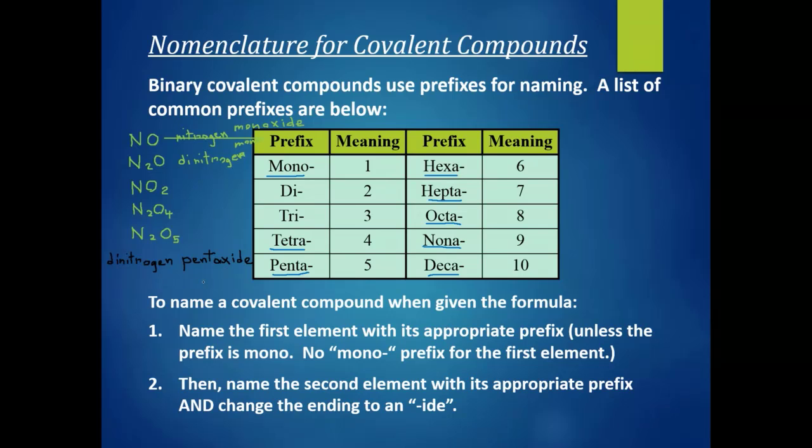Dinitrogen pentoxide. My guess there is because we want to avoid the double vowels. Exactly. Although it doesn't stop us from using the double vowel when it's triiodide. Good point. Who knows?